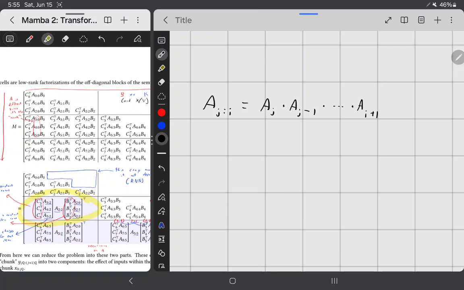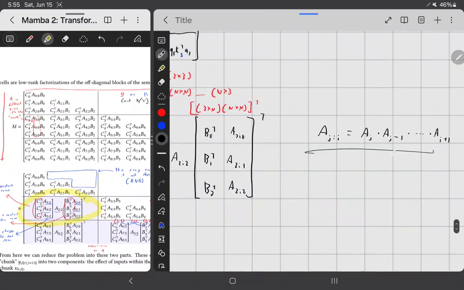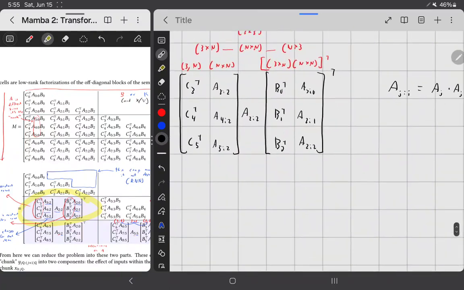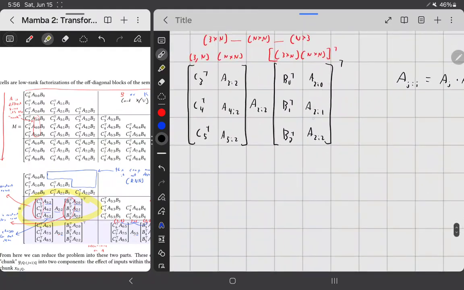So don't ask why. That is how they defined it. I'm not going to get into how annoying that notation is, but that is the definition of these here. So these indices mean a product, and it's a product between the values in this here. So this would be 2 and 1, A2 and 1, and this would be 2 and itself, so just 2. We're just going to combine these indices. It's just a product.